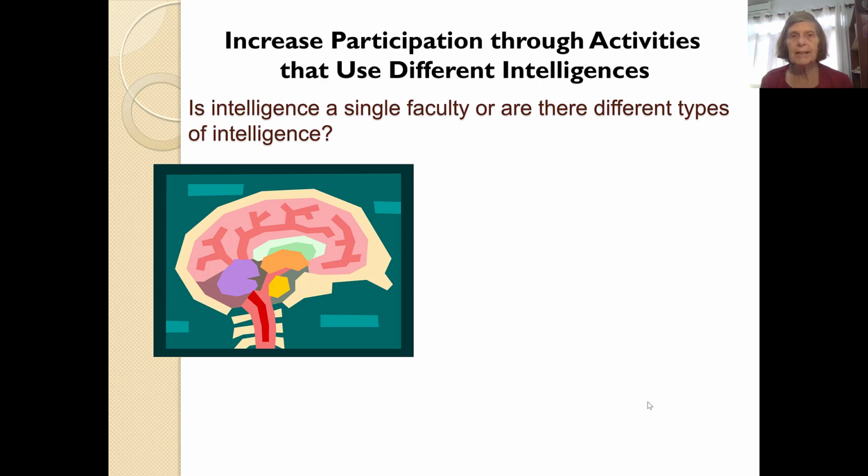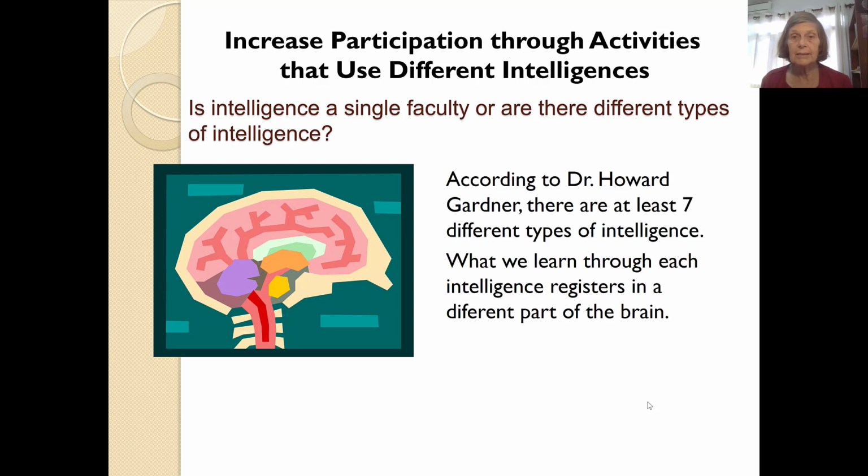Some people consider that intelligence is a single faculty and ask, what is your IQ? However, more recently, scientists have discovered that there are many different types of intelligence. According to Dr. Howard Gardner, there are at least 7 different types of intelligence. What we learn through each intelligence registers in a different part of the brain.